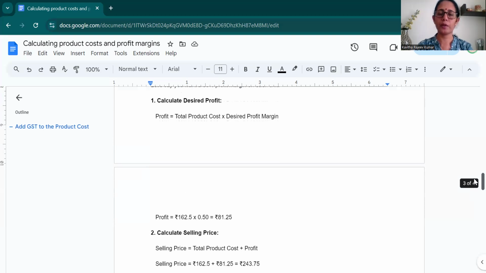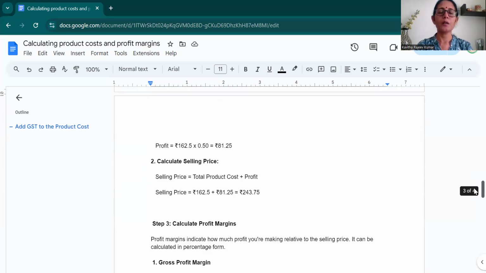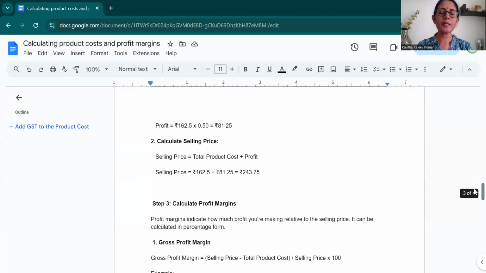That will give you the profit. Now, selling price is the total product cost plus the profit. So you have to add profit to the total product cost. Then only you will reach the selling price. This is how you do the calculation.